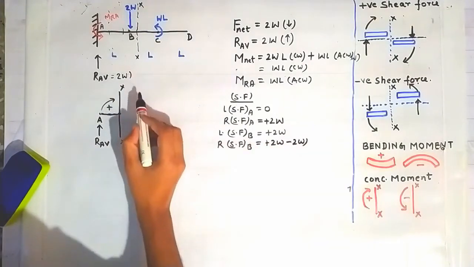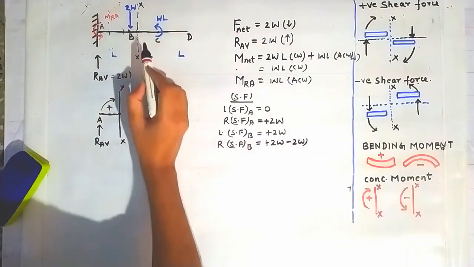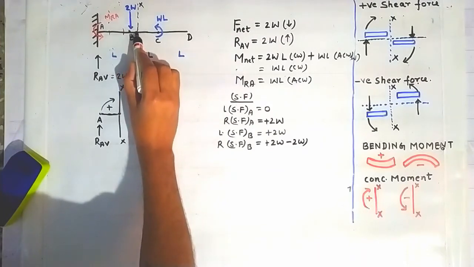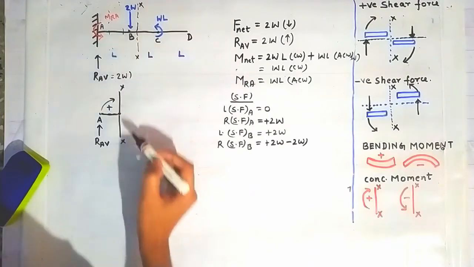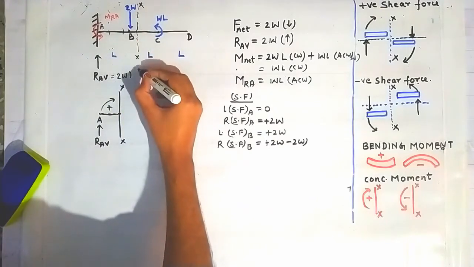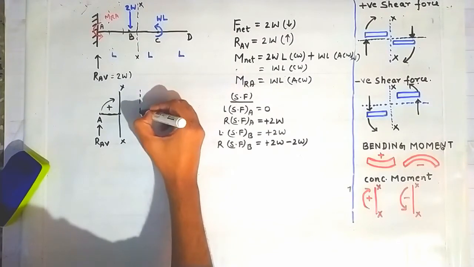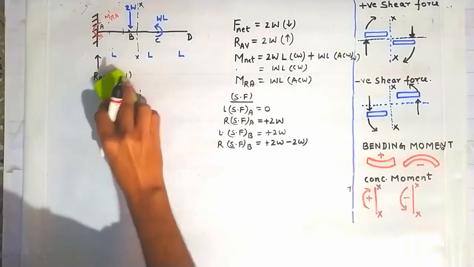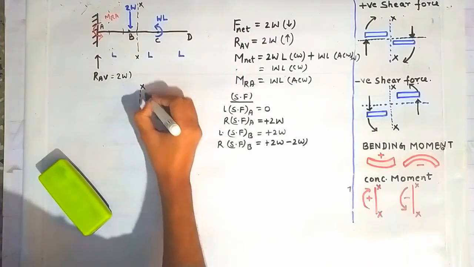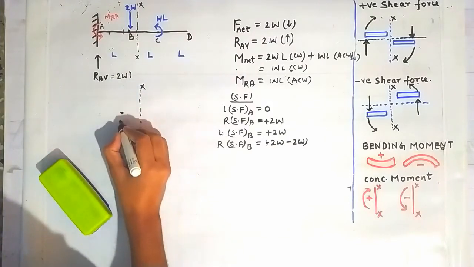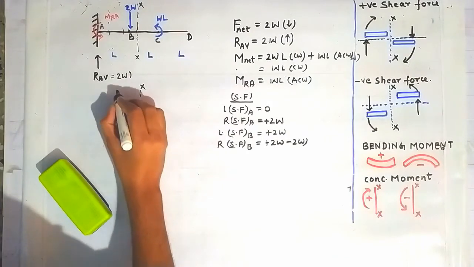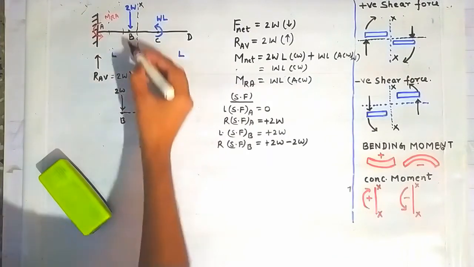Why? Because this will cause a rotation of the beam element lying between the point B and the point on the section XX in the anti-clockwise direction. How? Let us see this. Suppose this is our section XX, I am drawing the previous section from here, and this is the point B, and there is a force acting in the downward direction like this.